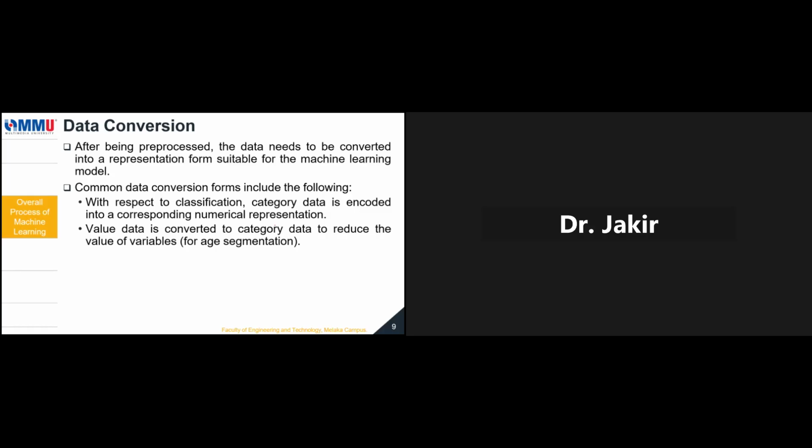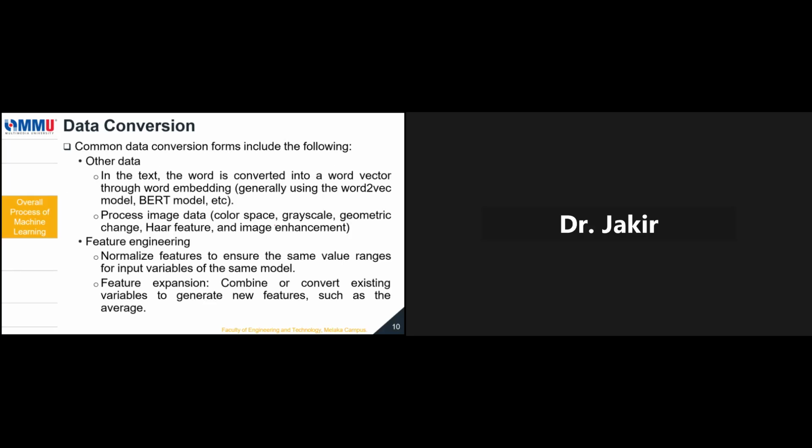So that depends on that. And again, data conversion is here, right? The data can be converted into word vectors or through word embedding. There are some models, such as word2vec, for how to convert it, and there is also the BERT model, for how to convert the data from one state to another state.